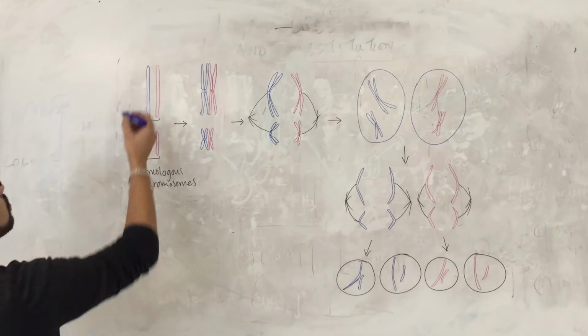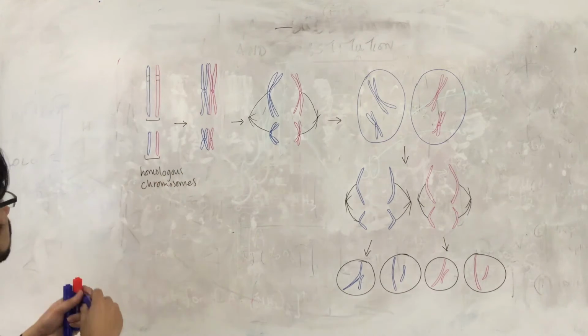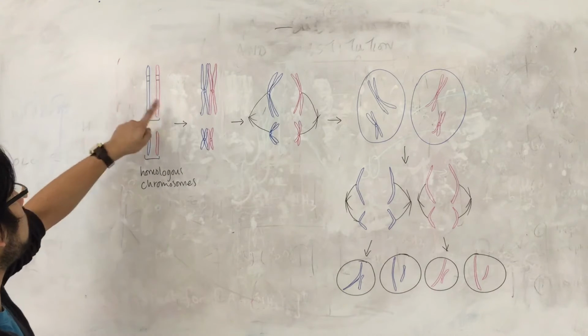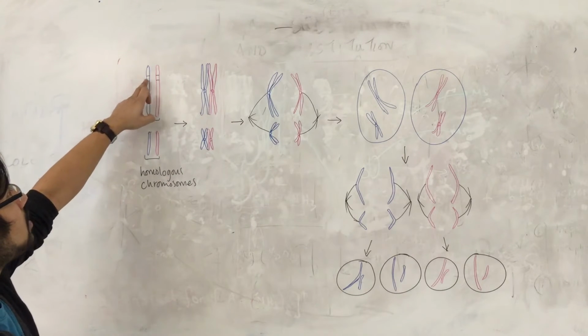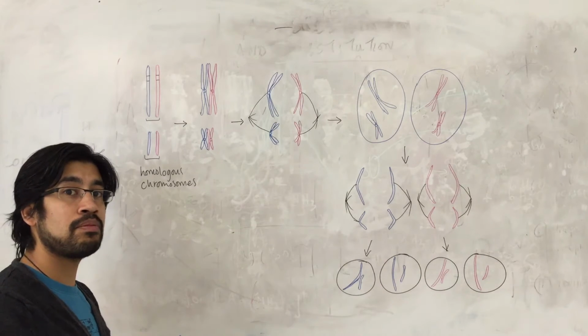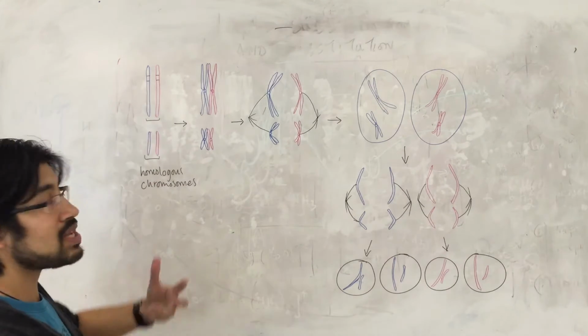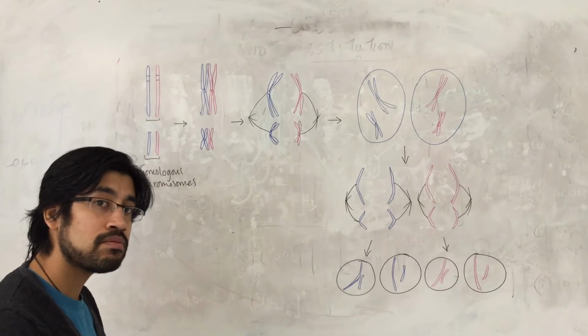So if we had a section of DNA here on a homologous pair of chromosomes, that section of DNA would code for the same protein, or similar proteins. The proteins that do the same job, I should say.